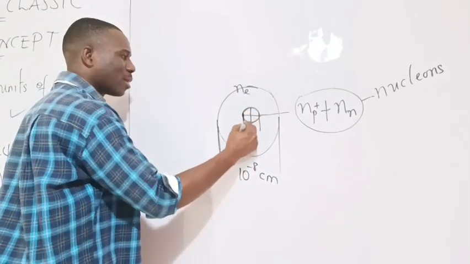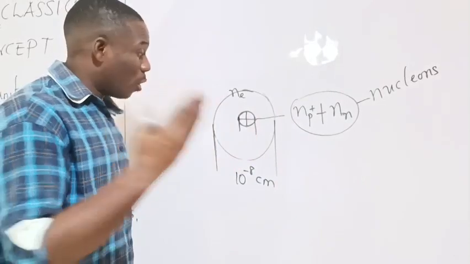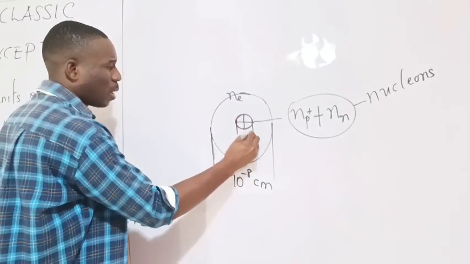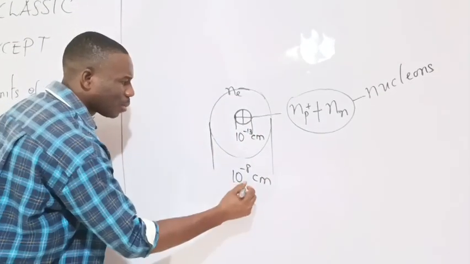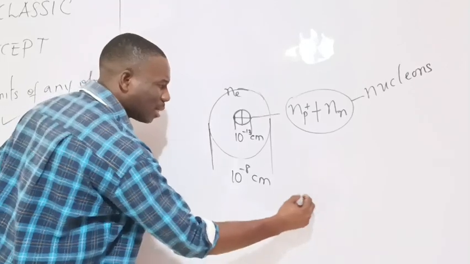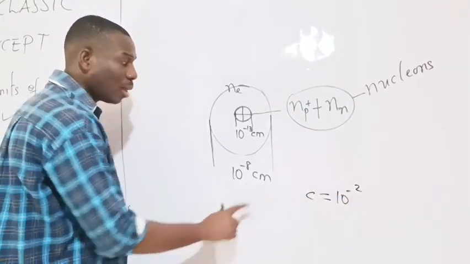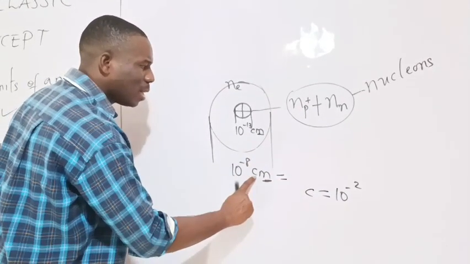So if we scale this ratio, 1 to 100,000, this should be exactly 10 raised to the power minus 13 centimeter. Centi, by the way, is 10 raised to the power minus 2.